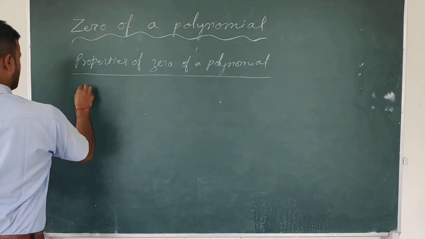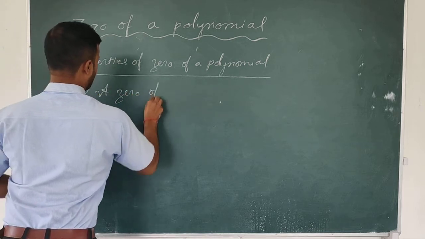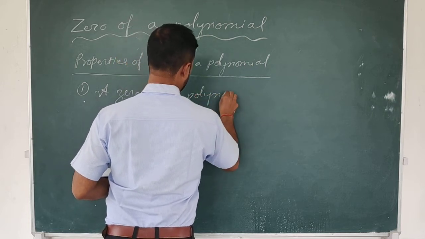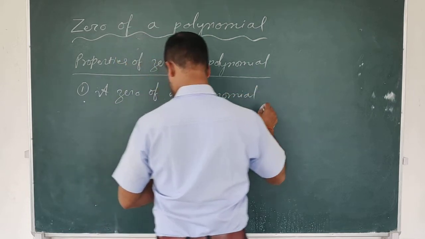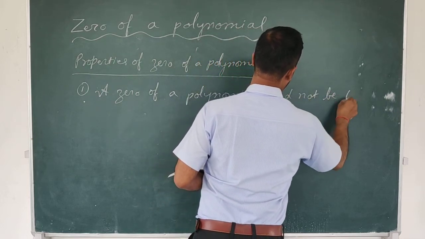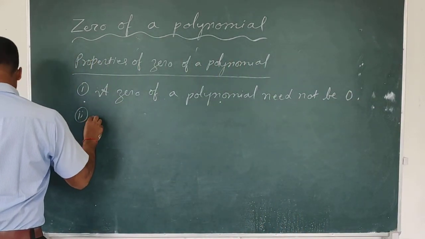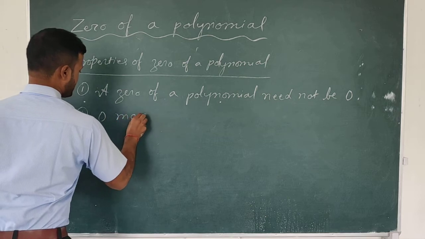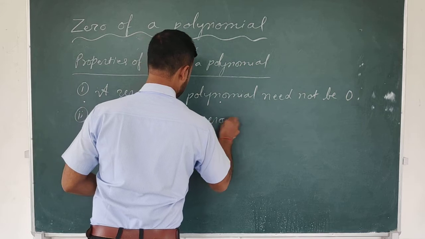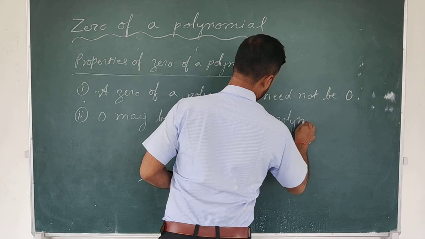Number 1, a zero of a polynomial need not be 0. Zero may be a zero of a polynomial.